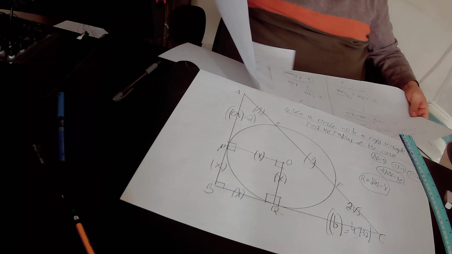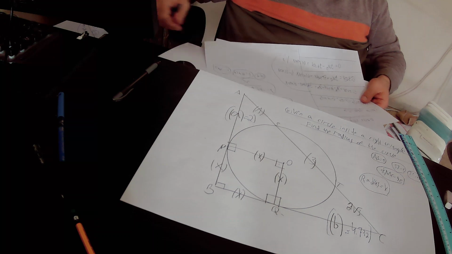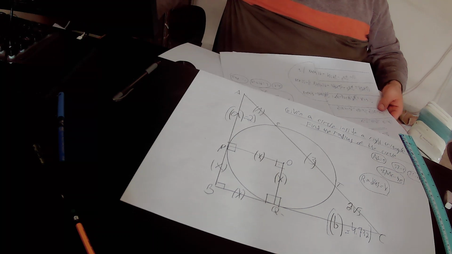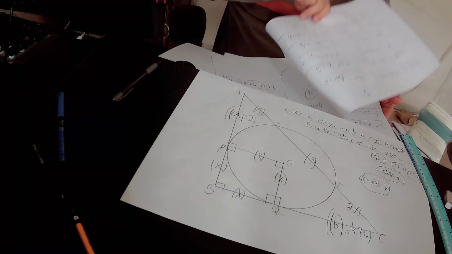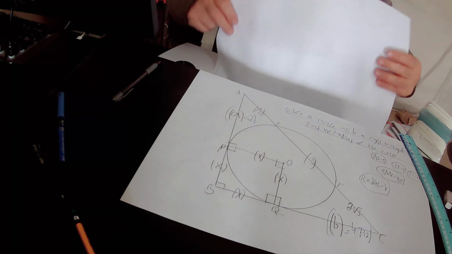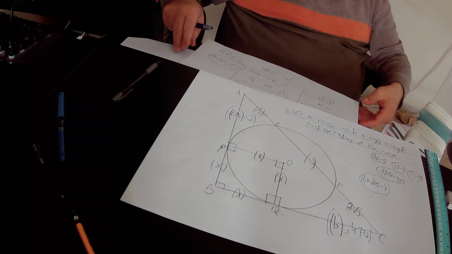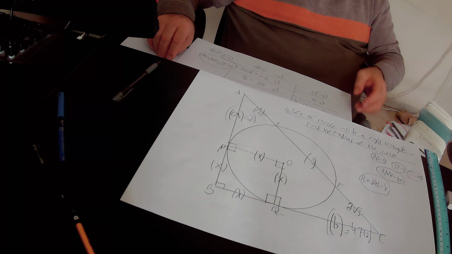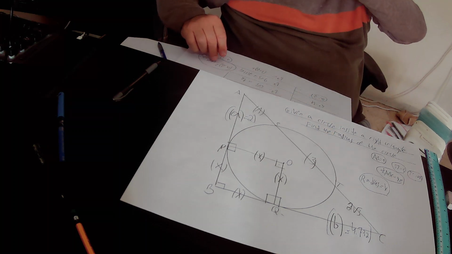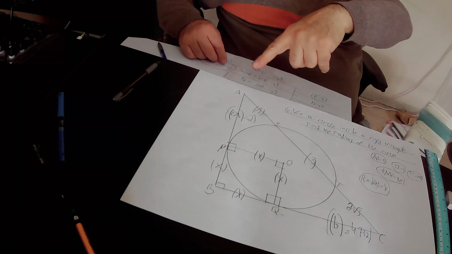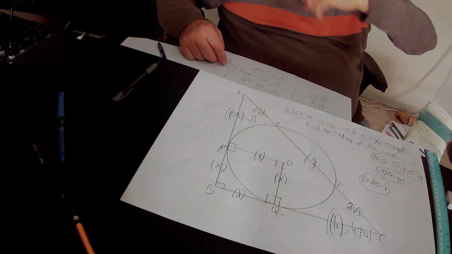Okay, so the next step, I'll summarize the lecture. In this lecture, I found the radius of this circle. This circle is located inside the right triangle ABC.